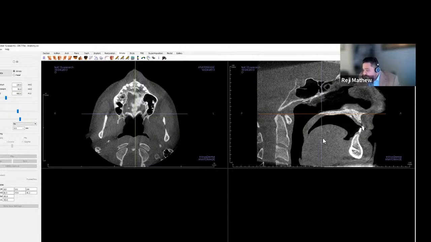Tongue position is important. It's very controversial to say whether we could diagnose obstructive sleep apnea with a CBCT. I wouldn't say that. I would say that we can evaluate if the patient is predisposed or has any chance of having obstructive sleep apnea.